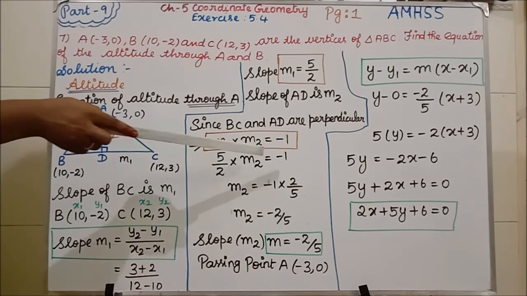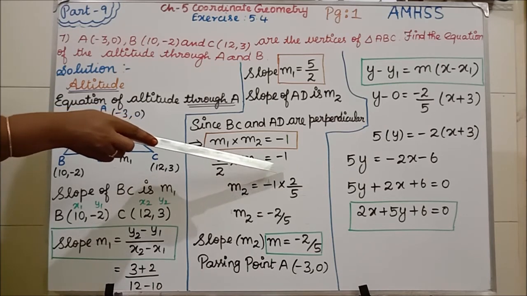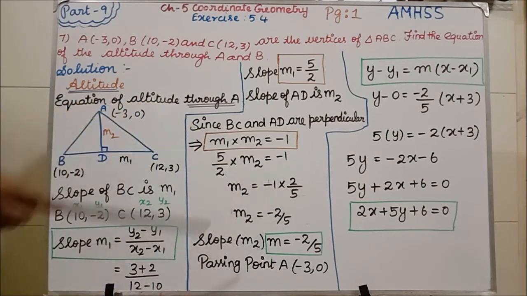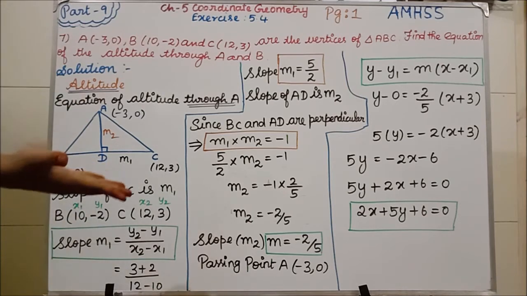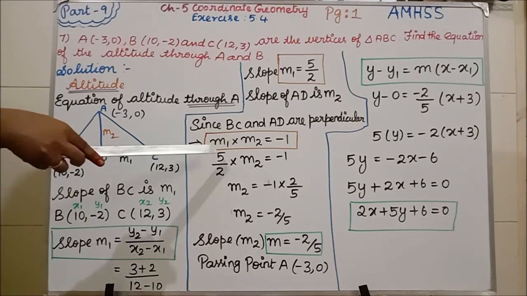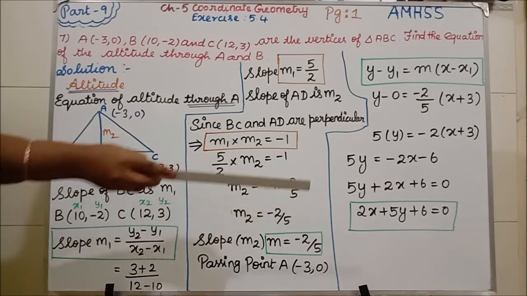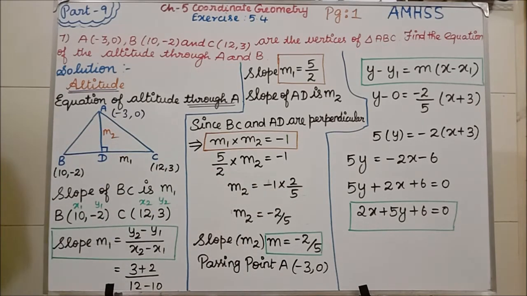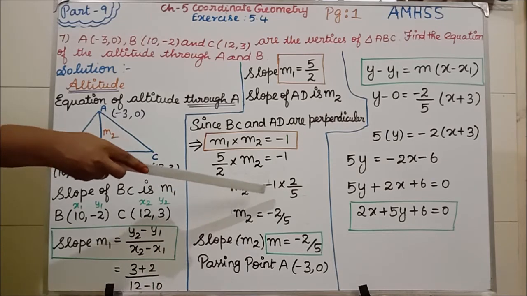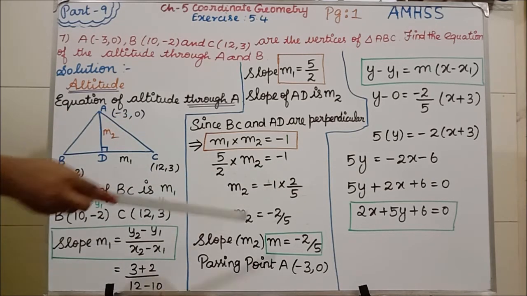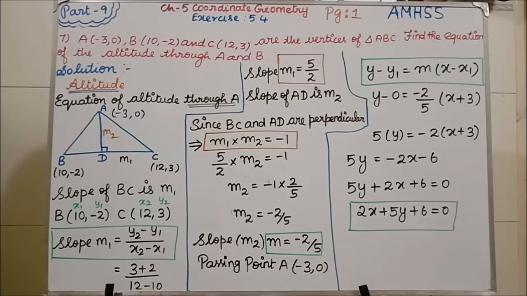This 5 by 2 will go in the divide form, so minus 1 divided by 5 by 2. For a division by another division, the denominator term will become its reciprocal. So 5 by 2 becomes reciprocal, 2 by 5. Clear students? So M2 is equal to minus 1 into 2, which is minus 2 divided by 5.